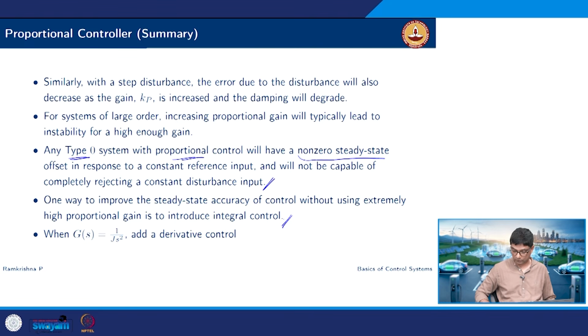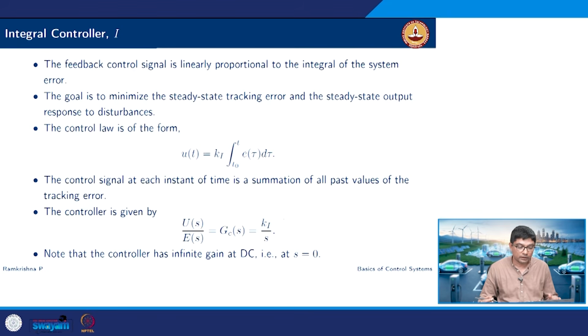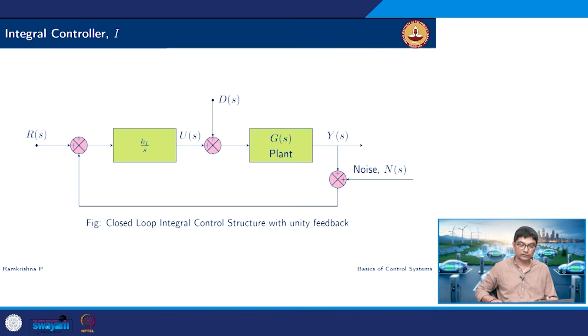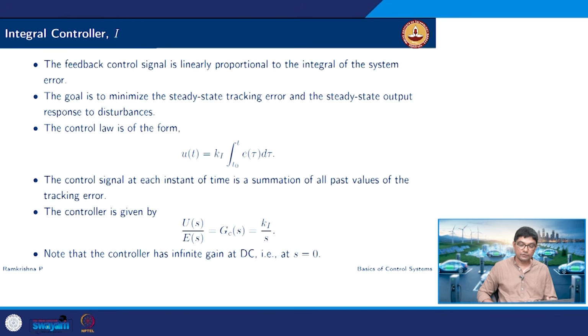integral control. Okay. So, what happens in this case is that the feedback is now linearly proportional to the integral of the error. So, instead of just a Kp, now I have an integral term Ki over S, which means that the input is now the error integrated, multiplied by some tuning constant.